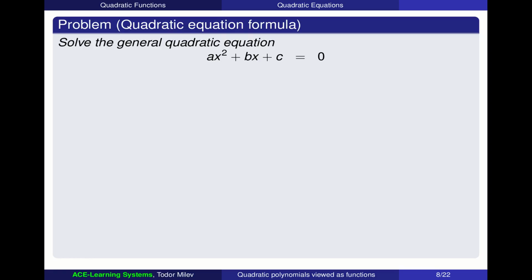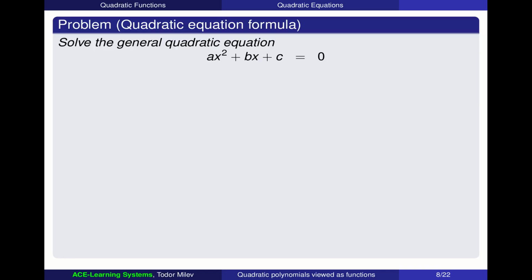So, how do we solve a general quadratic equation ax squared plus bx plus c equals 0? Think of an equation like this one: 2x squared minus 3x minus 7 equal to 0. An arbitrary quadratic, set it equal to 0. How do we solve such an equation?